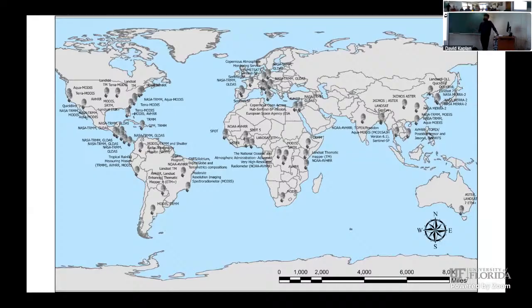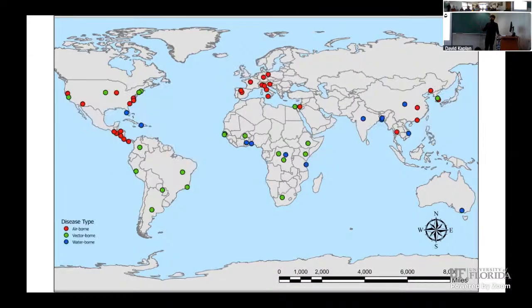This world map shows the names of the satellites and the sensors that were used by different countries, by different people, for different diseases, including waterborne, airborne, and vector-borne. Landsat, GeoAI, Sentinel-5P, Aqua, MODIS, Terra, GPM, there are multiple satellites that have been used in the past to understand how different sensors can be used for different diseases.